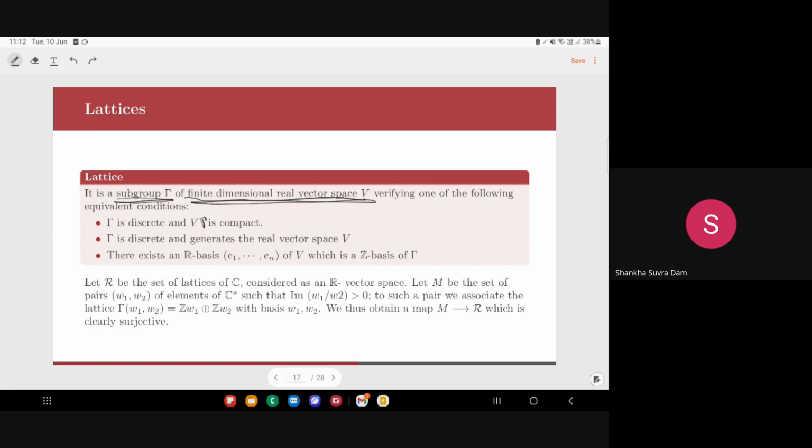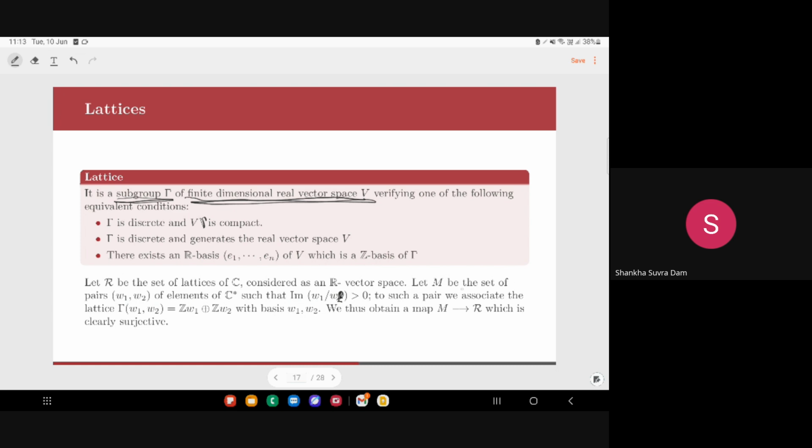So let R be the set of lattices of C, considered as an R vector space, where C is R plus Ri. Let M be the set of pairs (W1, W2) of elements of C star such that the imaginary part of W1 by W2 is greater than 0.